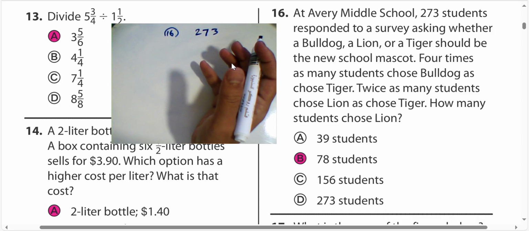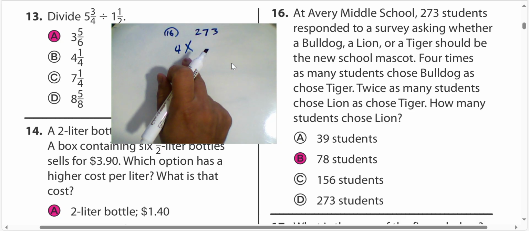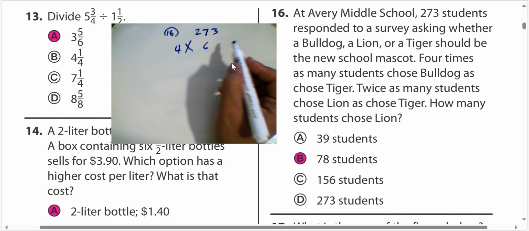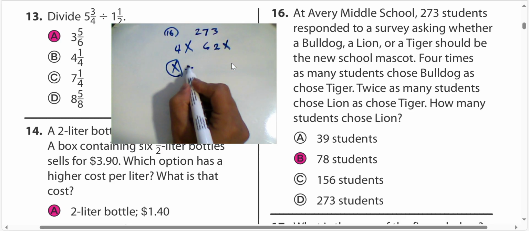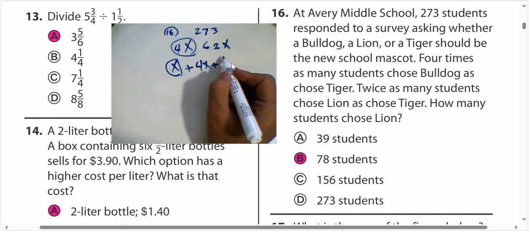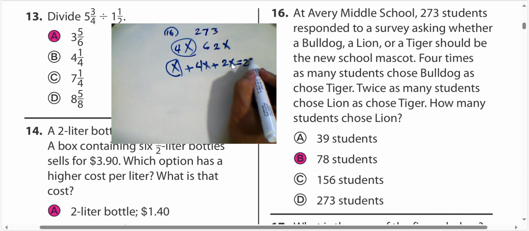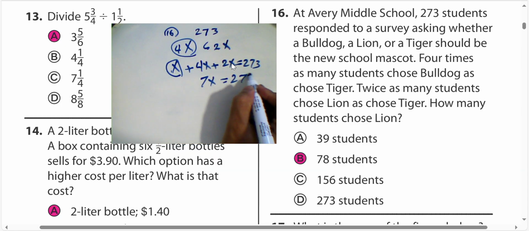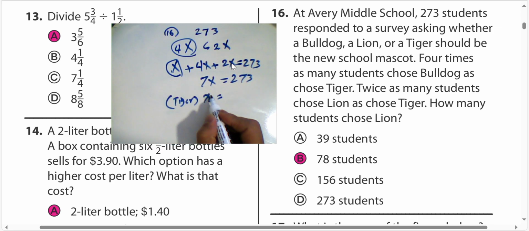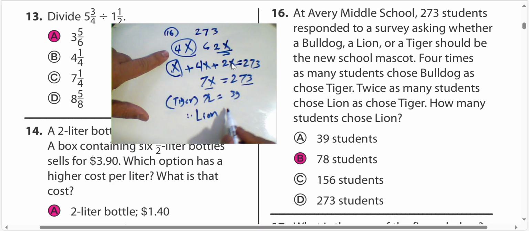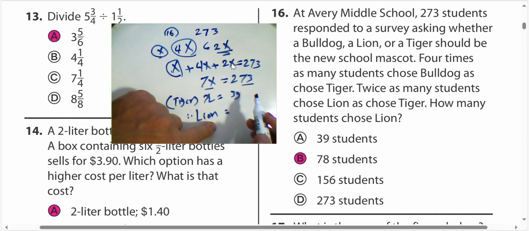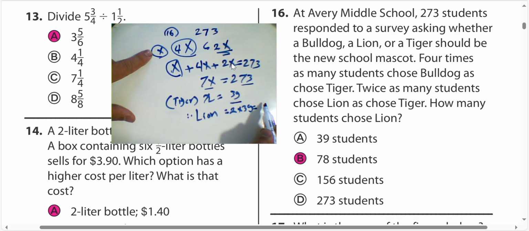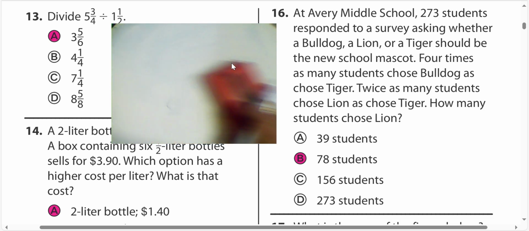The number of students who like bulldog is 4 times the number of tigers, x, and the number who like lion is twice the number of tigers. So the total is 1 plus 4 is 5, plus 2 is 7, so 7x equals 273. Then x, the number of tigers, equals 39, and the lion is 2x, so 2 times 39 equals 78 students like lion. Okay, next question.